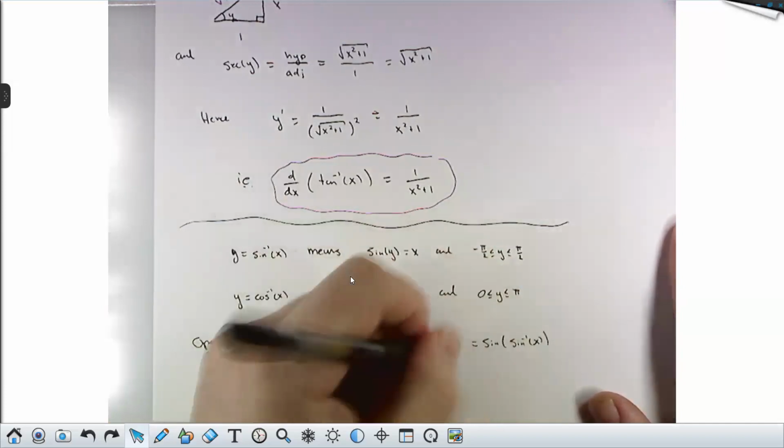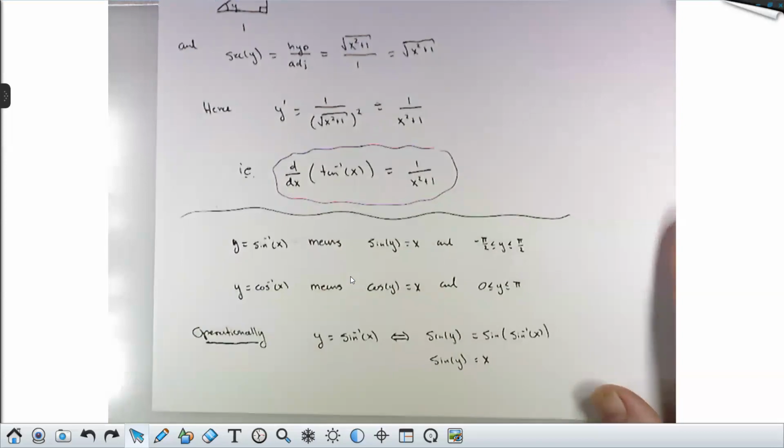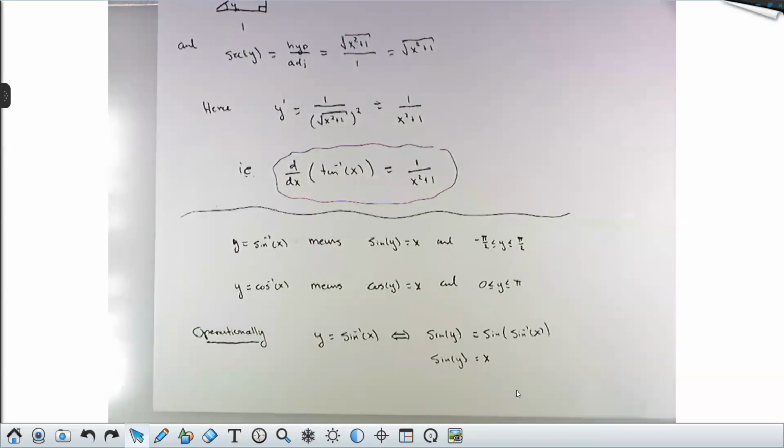And then on the right-hand side, those cancel, and you get this. It's that cancellation property that most people use, right? That's where these inverse trig functions first show up, when you're trying to solve equations. Okay, I'm going to take the inverse sine of both sides to get rid of the sine. I'm going to take sine of both sides to get rid of inverse sine.